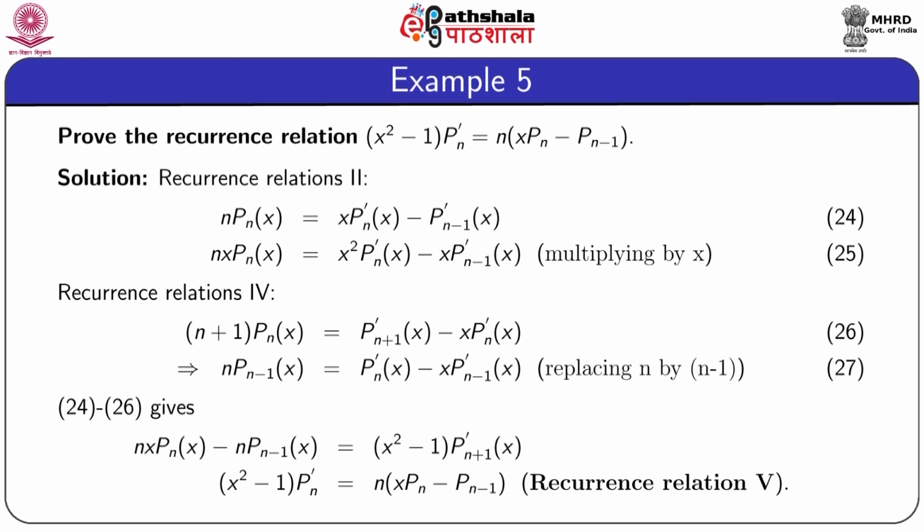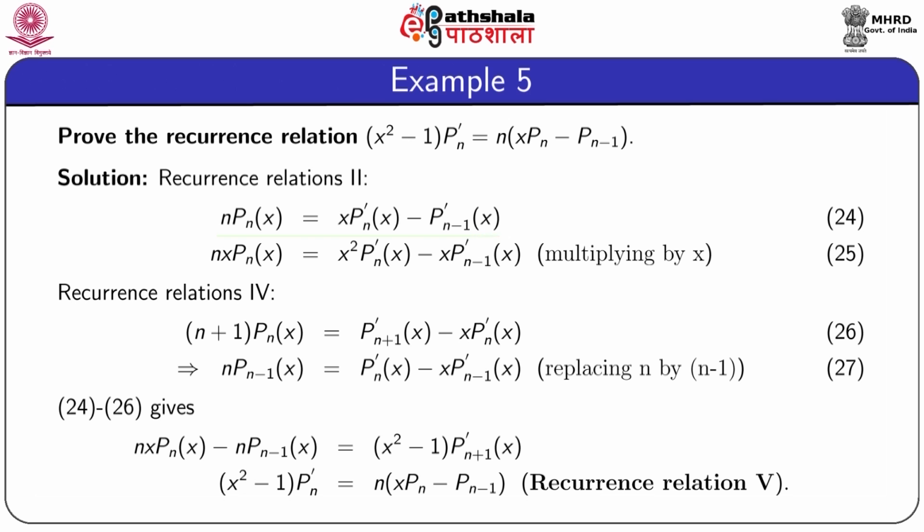Example 5, where you have to prove the recurrence relation x square minus 1 p dash n is equal to n multiplied by x p n minus p n minus 1. Now, please recall recurrence relation 2 given by equation number 24, which is n p n x is equal to x p dash n minus p dash n minus 1.